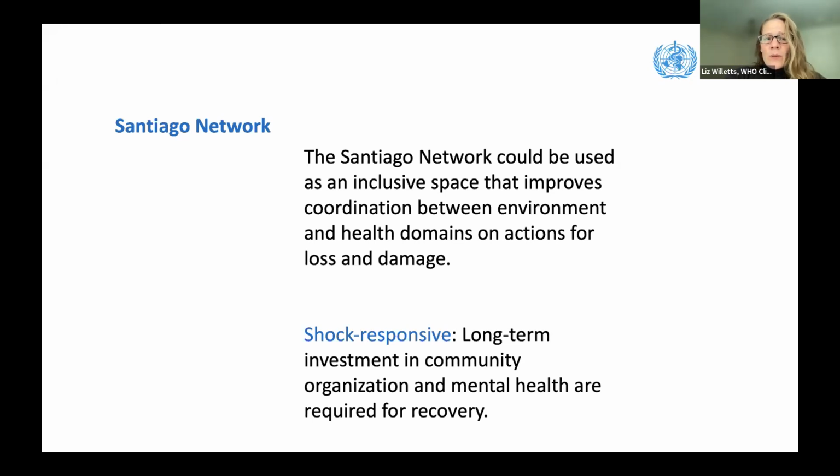Overall, the Santiago network should be focused on being shock responsive, and that includes the immediate shocks as well as ongoing shocks that will require a great deal of investment in community level work.